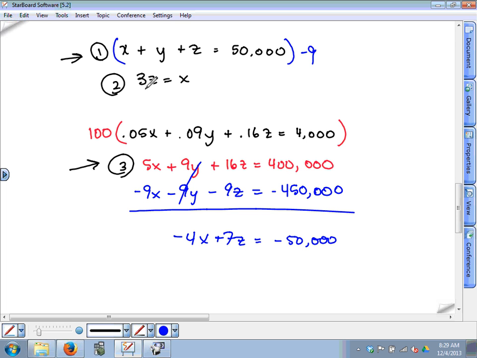We already had an equation here, equation 2, where y was eliminated, but we have to write it a little bit differently: x minus 3z is equal to 0. Now what?